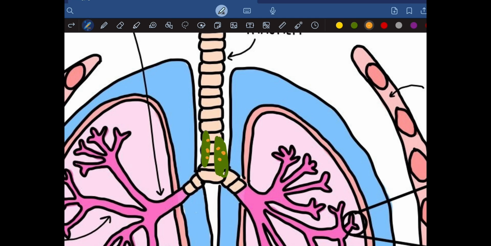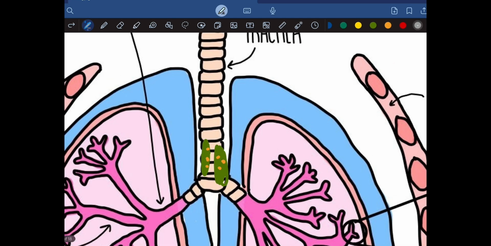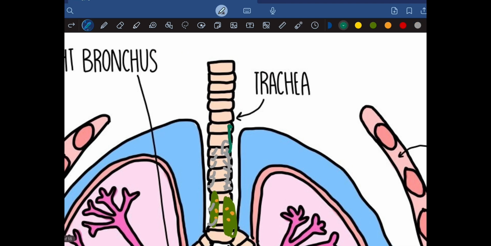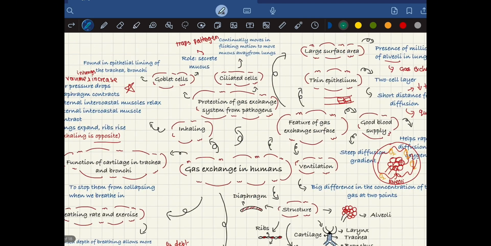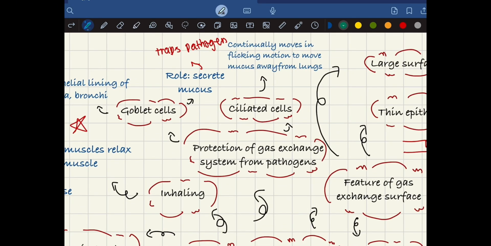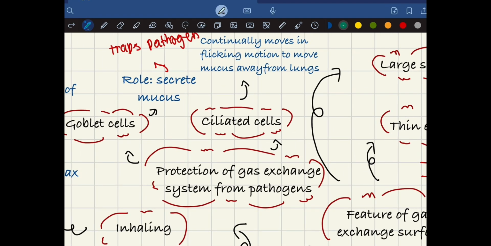Now it has trapped the pathogen. Your trachea will have something like this, which is your ciliated cells. They will flick and move your mucus upwards. It will move it here. This is the new position of your mucus, and then slowly it will be moved out of your gas exchange system. It helps transport mucus away from the lungs.